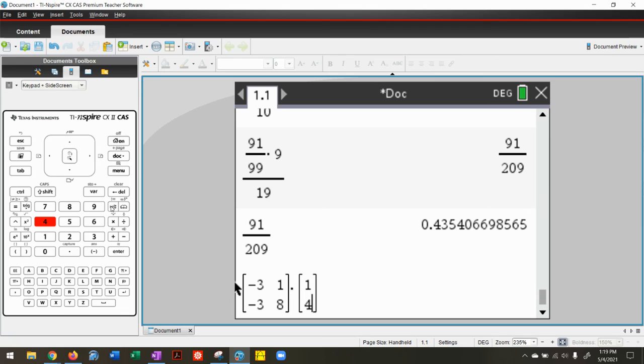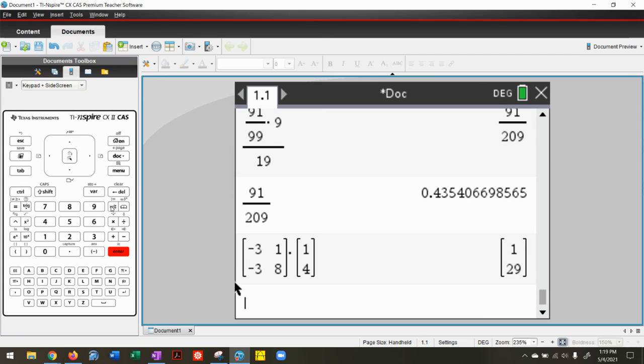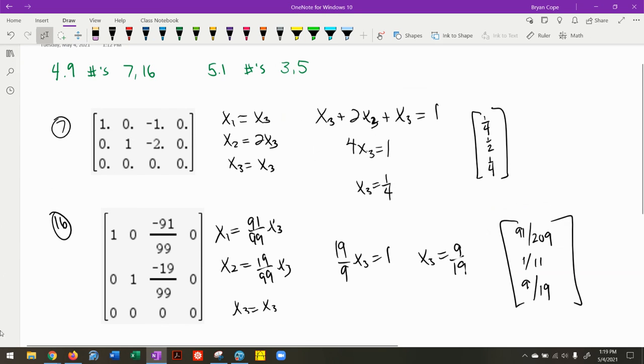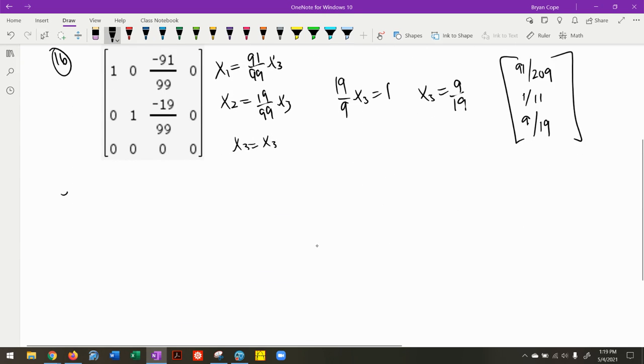So that's what we're going to test. Is [-3, 1; -3, 8] times (1, 4) just a scalar multiple of (1, 4)? And the answer is no. See, 129. 129 is not a scalar multiple of (1, 4). So for number 3, our answer is no, because the matrix times the vector does not equal just a scalar times that vector.